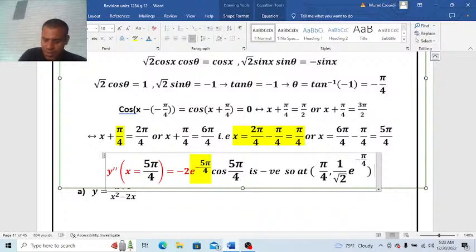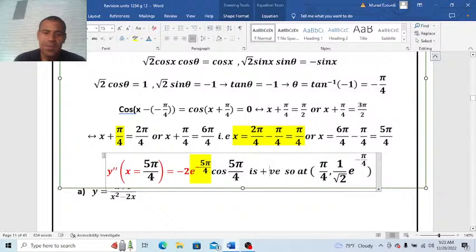So 5 pi is 5 multiplied by 180 divided by 4, which is 225. So cosine 225 is negative. Multiplied by negative is positive. This one is positive.